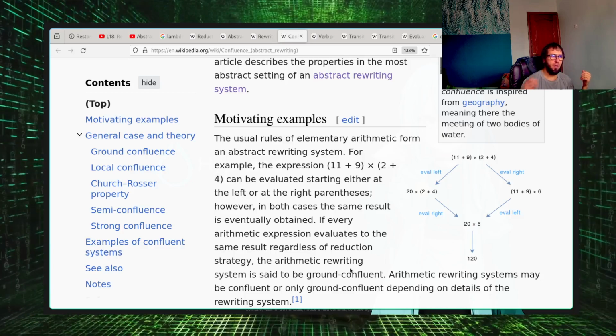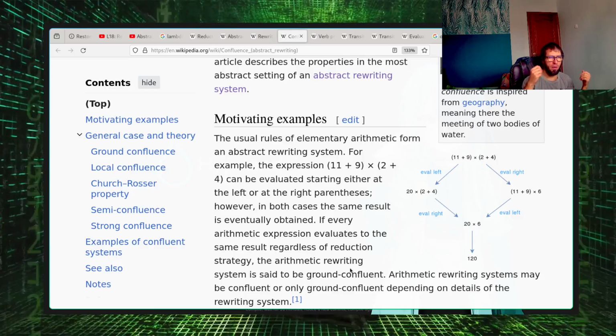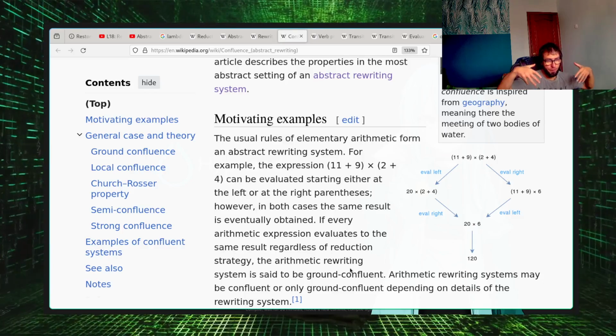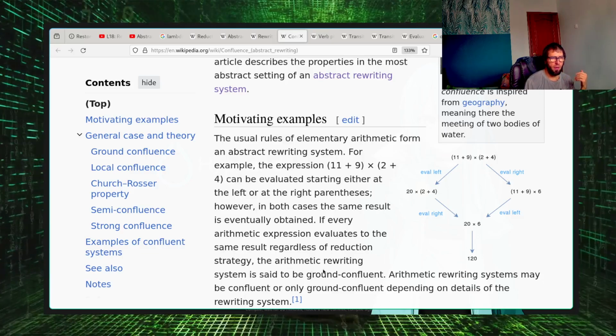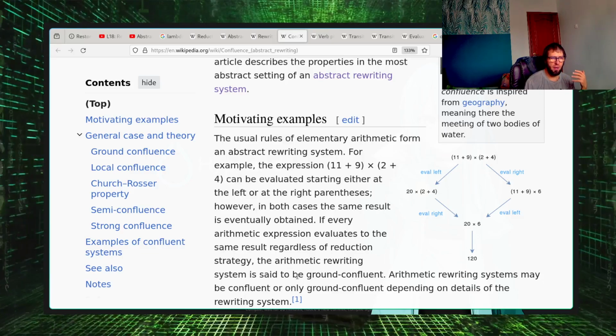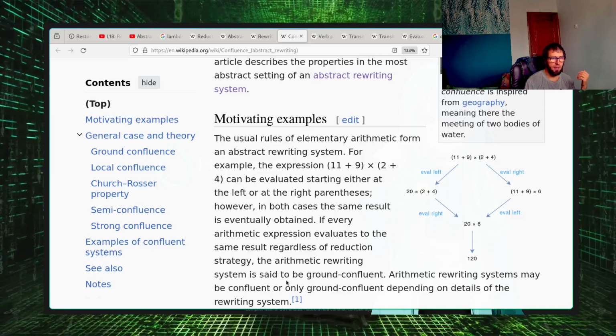And if the rewriting system always confluences into the same result regardless of the reduction strategy, this system is said to be ground confluent.